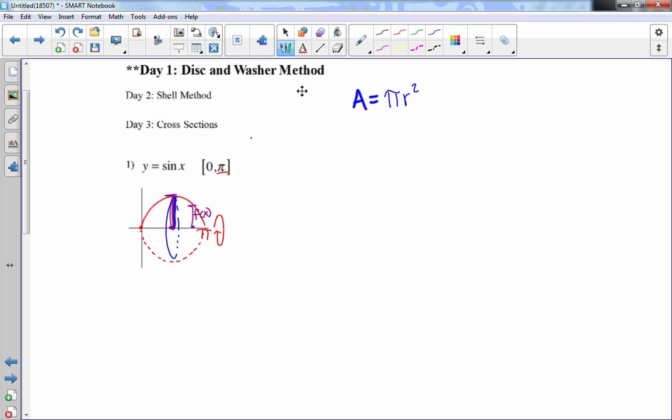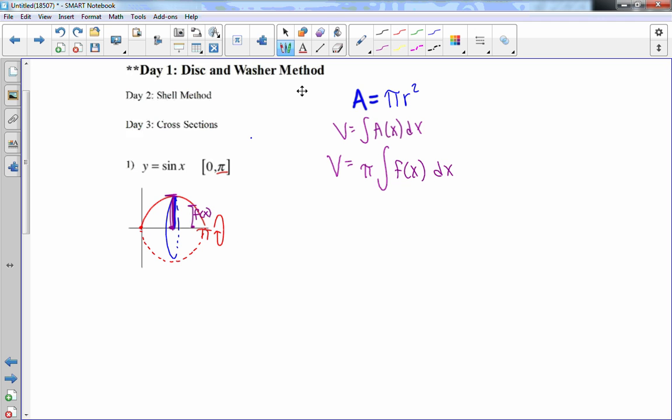So if we're doing volume, we're going to integrate a of x. Now that pi can go out front. The radius is f of x. dx represents the height, or really the width of the disk. So we have pi r squared h.